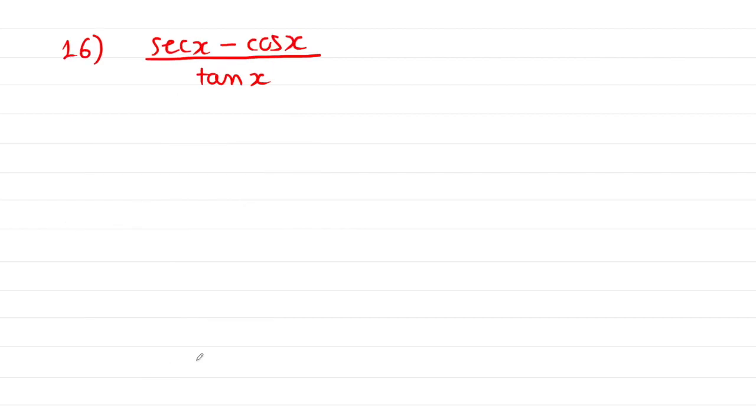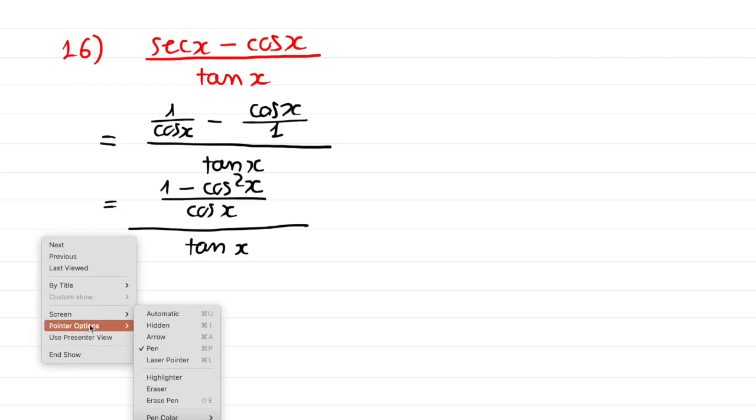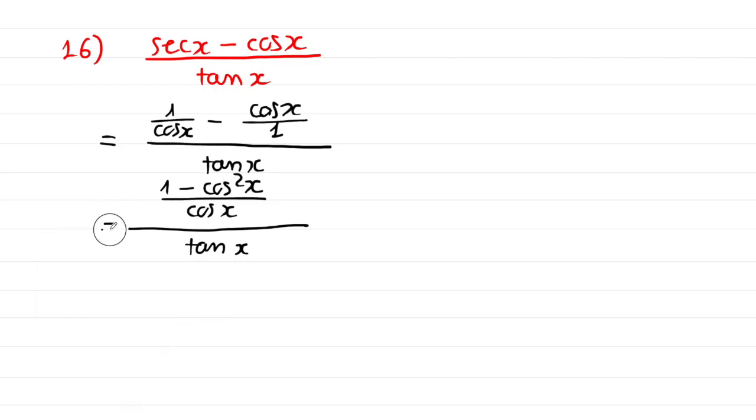Question 16. Sec x minus cos x over tan x. Sec means 1 divided by cos, and minus cos square, minus cos x over 1. This is a fraction of a fraction. Here is tan. And the next one, you will get 1 minus cos square x divided by cos x, and then divided by tan x. Yeah, I'm sorry, I will write down the equal sign here. Okay, so what is 1 minus cos square? That is sine square.